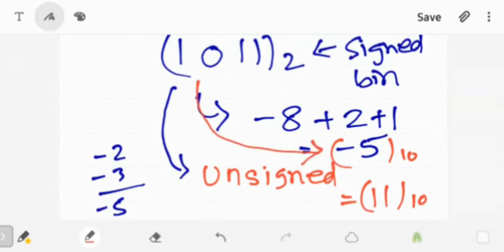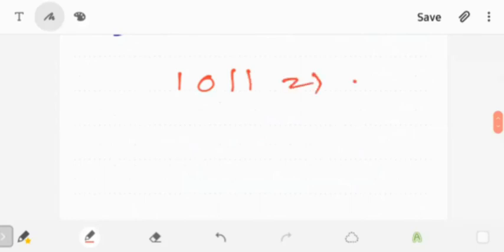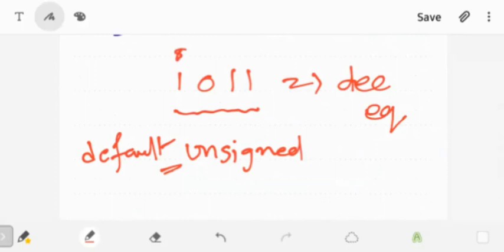If I write any number like 1011 randomly and ask you what its decimal equivalent is, by default, if nothing is mentioned, we have to assume the given binary number is unsigned and give the answer. So it is equivalent to 8 plus 2 plus 1, that is 11.